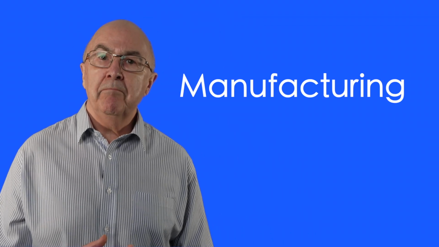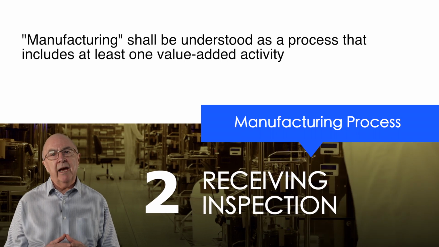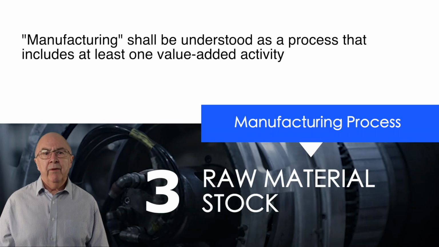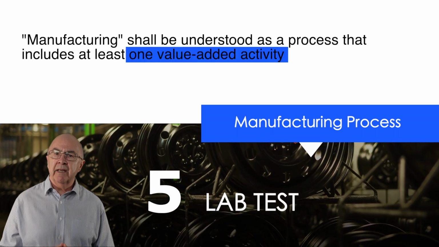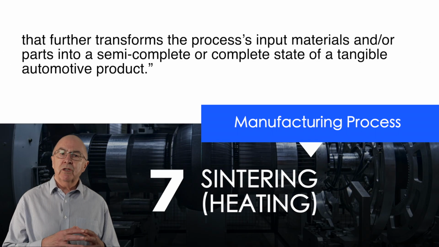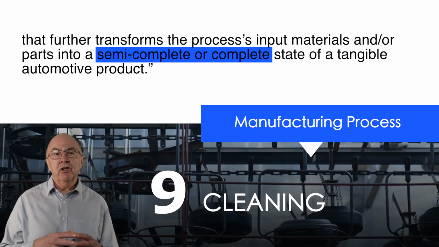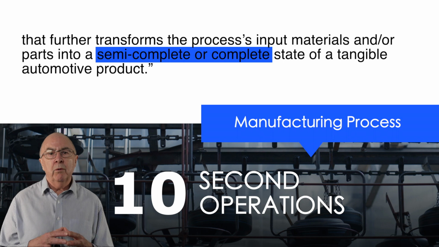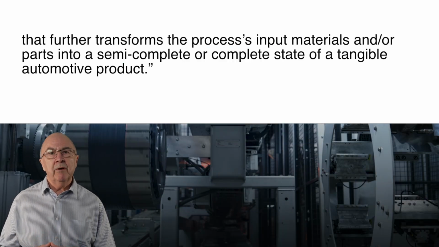In IATF 16949, we use the term manufacturing. Manufacturing shall be understood as a process that includes at least one value-added activity that transforms the process input materials and/or parts into a semi-complete or a complete state to form a tangible automotive product.